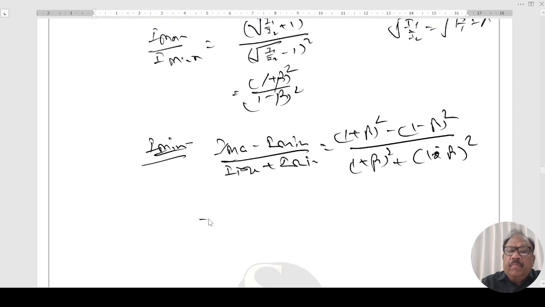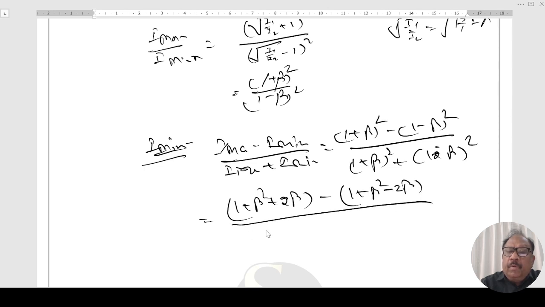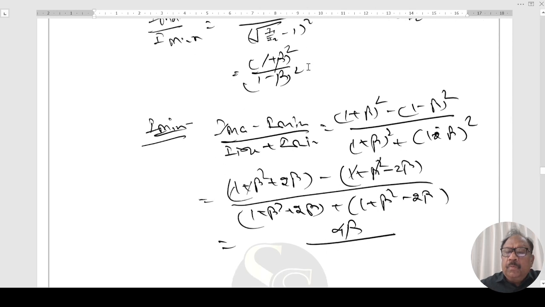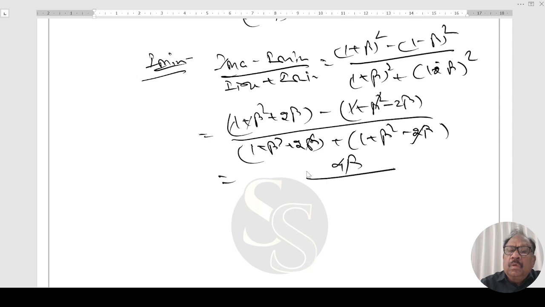Let us simplify: 1 plus beta square plus 2 beta minus 1 plus beta square minus 2 beta, upon 1 plus beta square plus 2 beta plus 1 plus beta square minus 2 beta. On simplification, this goes 4 beta upon, 2 taken common, 1 plus beta square, that is 2 beta upon 1 plus beta square.